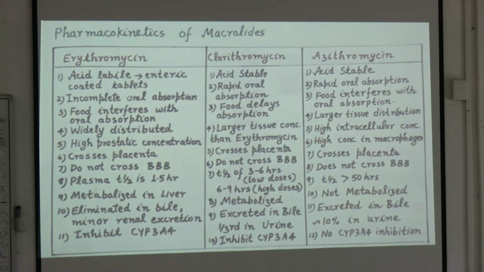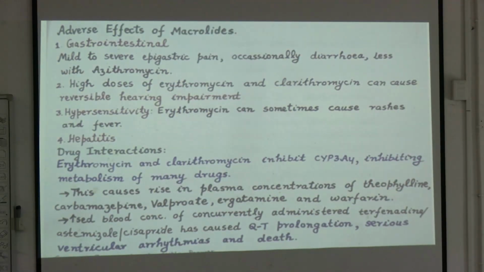As a result, erythromycin and clarithromycin can cause a lot of drug interactions. Inhibiting this cytochrome enzyme means inhibiting the metabolism of many drugs. So these drugs accumulate in the body. Toxic levels of the drugs accumulate because their metabolism is inhibited.